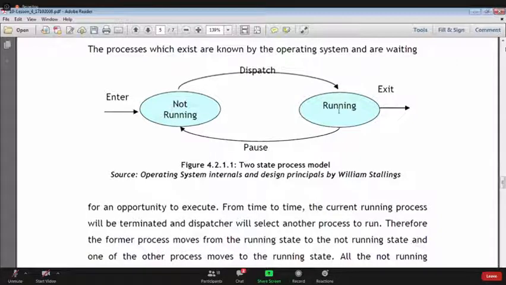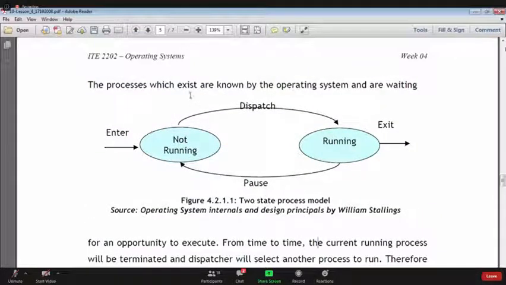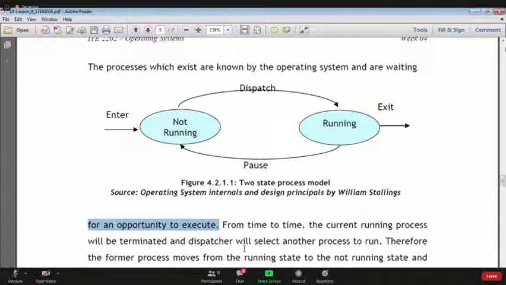Okay, this is the two process model. The processes which exist are known by the operating system and are waiting for an opportunity to execute. They are in the not running state. From time to time, the current running process will be terminated, and the dispatcher will select another process to run.